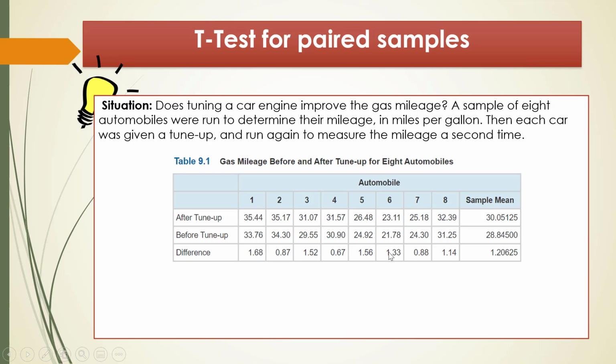So this is a sample of the differences. You see that? So instead of testing mu1 and mu2, we basically can run the one sample test using the differences sample. That is the idea of the t-test for paired samples.